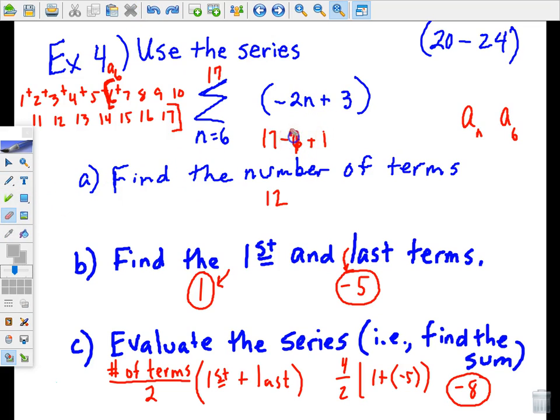In summation notation, if you want to find the first term that is part of your sum, you take whatever the bottom number is and you plug that in for n. So if I change this to n equals 6 and I want to find the first term, then I let n become 6. And then I simplify negative 12 plus 3, and so my answer would be negative 9.